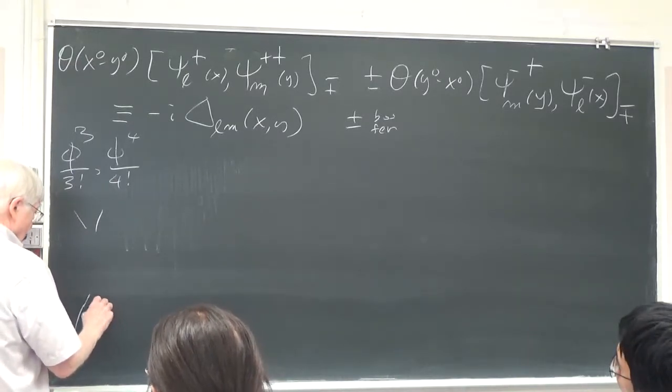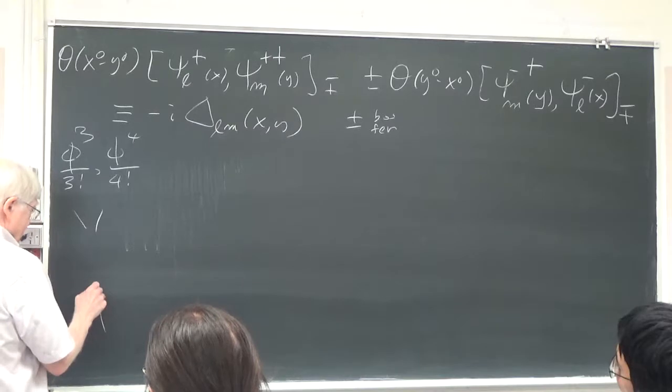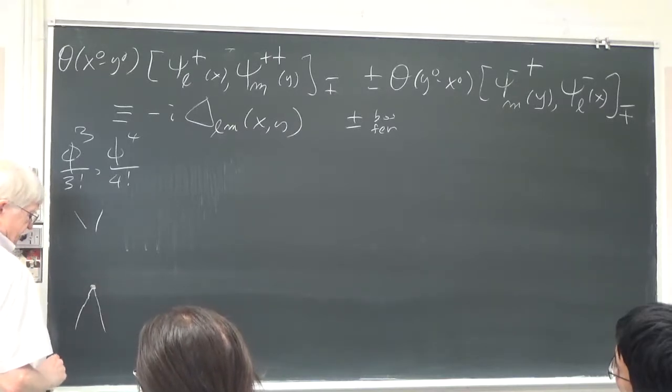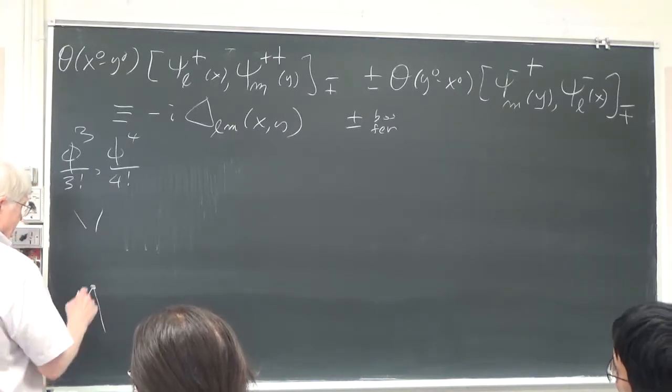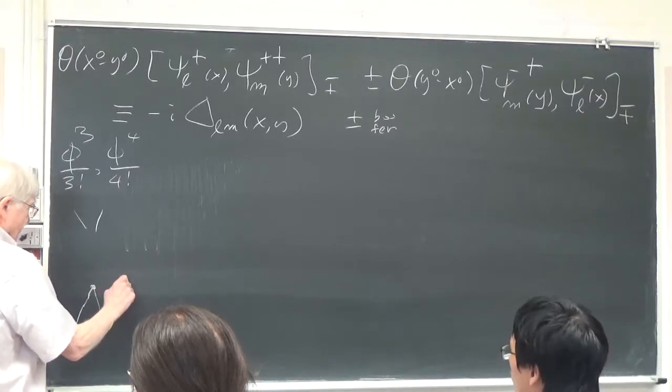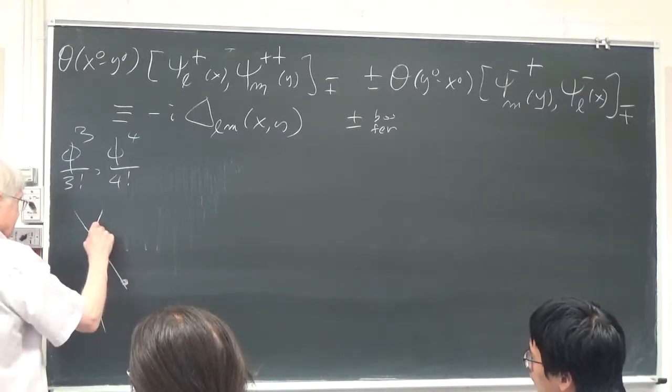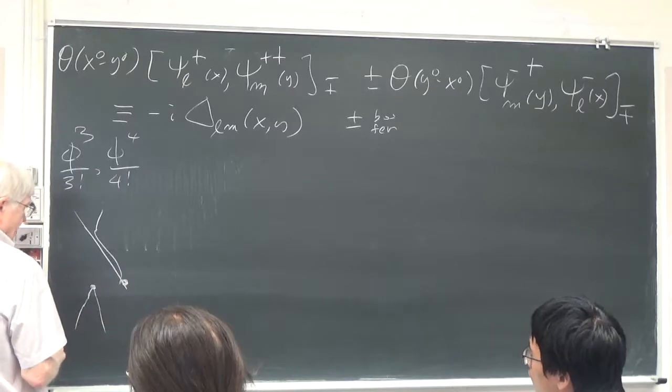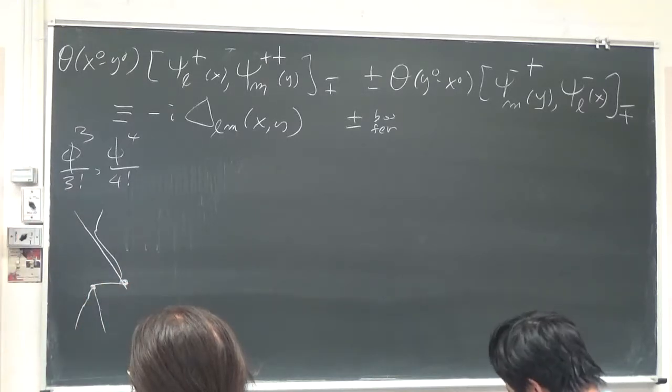Let's have these two particles go in, and suppose they're both absorbed at a particular vertex, and then there's another vertex over here. Suppose these two come out of that vertex, and then you can have one go across.